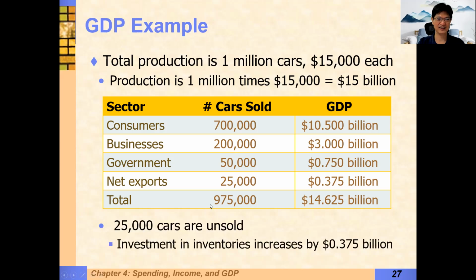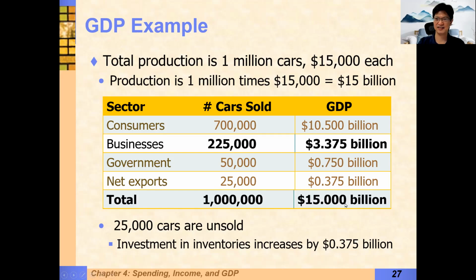So investment in inventory is going to increase investment by these 25,000 cars unsold. Then it will add up. So in a sense, the inventory investment is a cheat. It's a way of making sure that Y is always equal to C plus I plus G plus NX, because anything that's not sold is absorbed by investment.